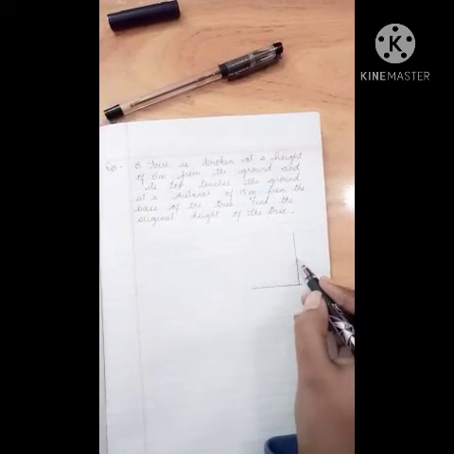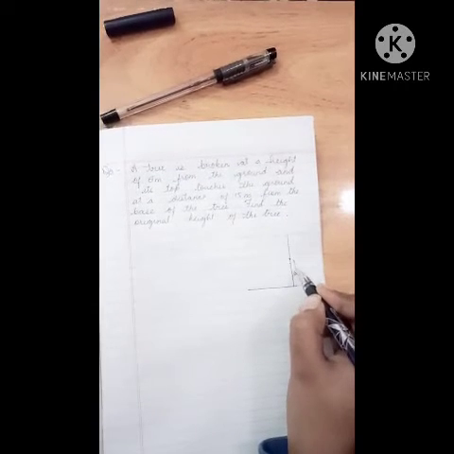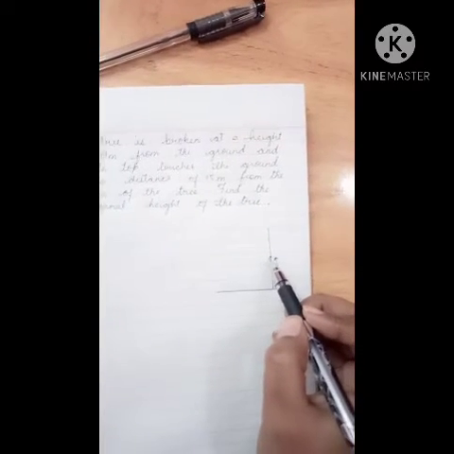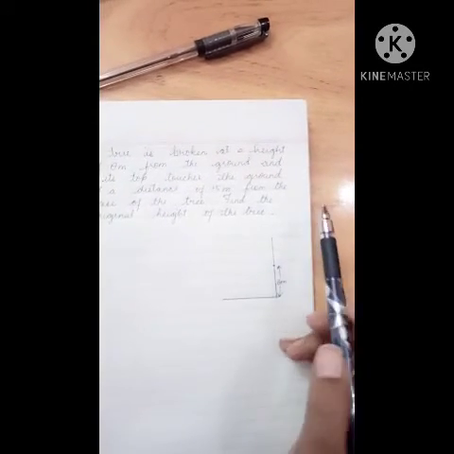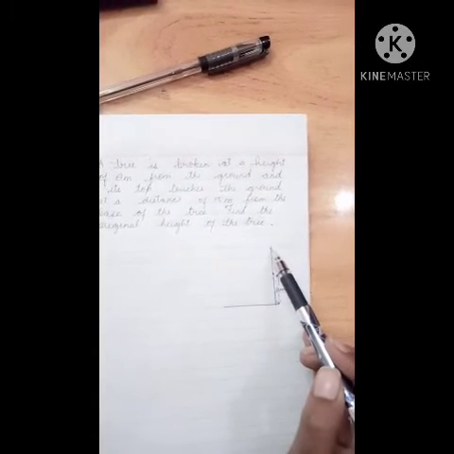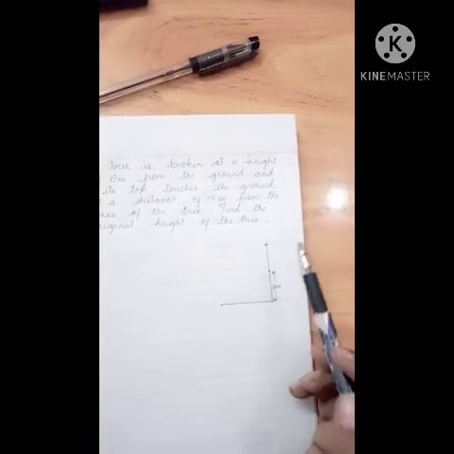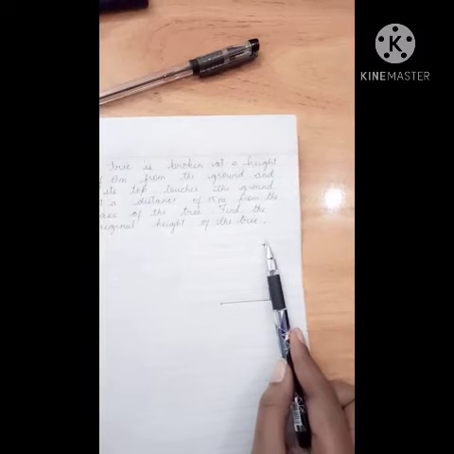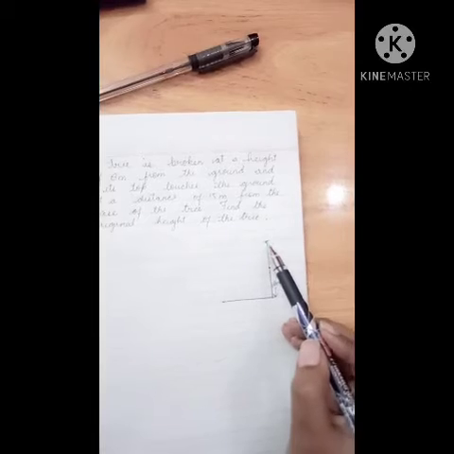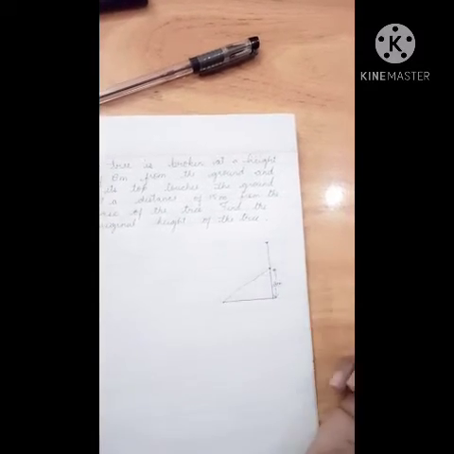Now suppose at this point this length is 8 meter and the tree is broken at this point, okay. So when this tree is broken, its top touches the ground, okay. So when it is broken from here, then it must be like this. So this top touches the ground, so it must be like this, okay.